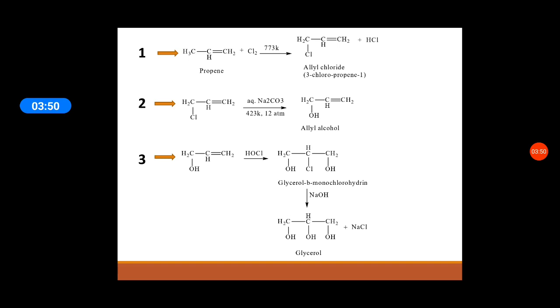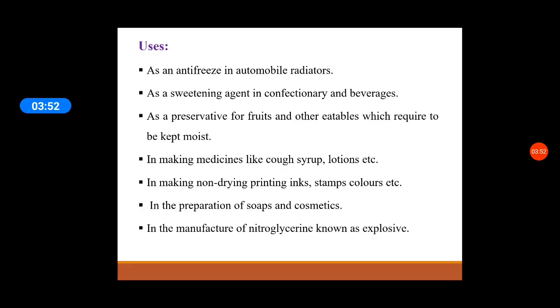So what are the uses of this glycerol? Glycerol is a side product in the acid or alkali hydrolysis of oils or fats. Oils and fats are lipids. So alkali hydrolysis of lipids gives glycerol as one of the products.